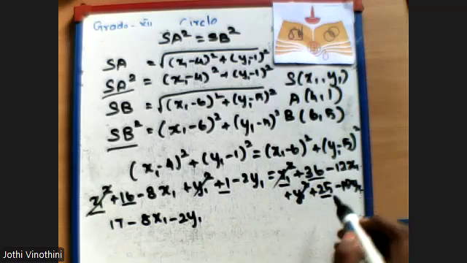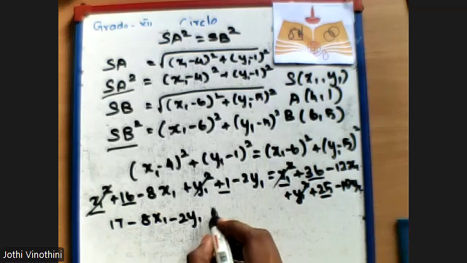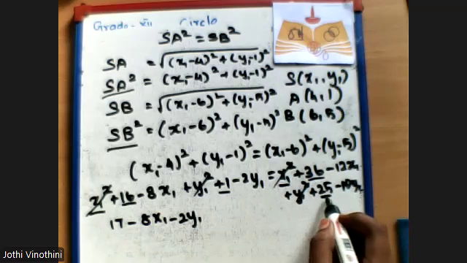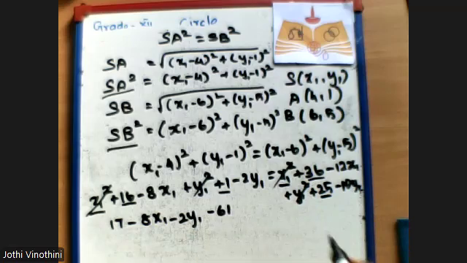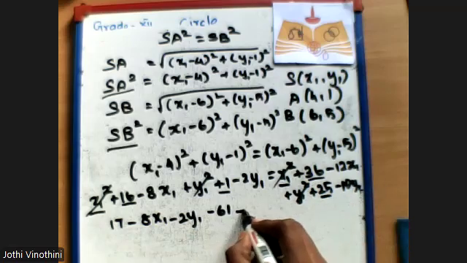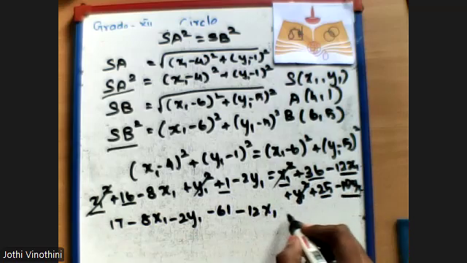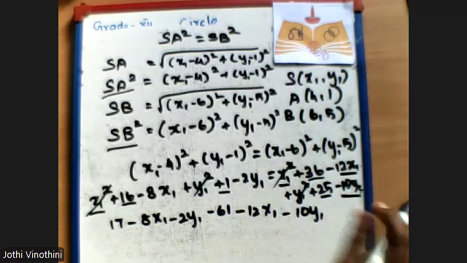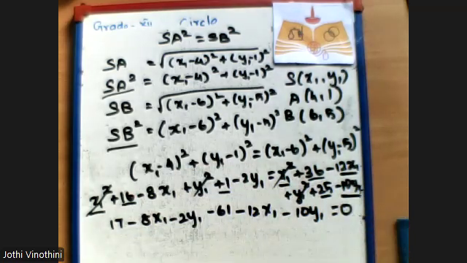Here 36 plus 25 will be 61, so it will be positive 61. When it comes to this side, it will become negative 61, and minus 12x1 minus 10y1. We moved all the terms here, so it will equal 0. Right? So we are going to simplify this.